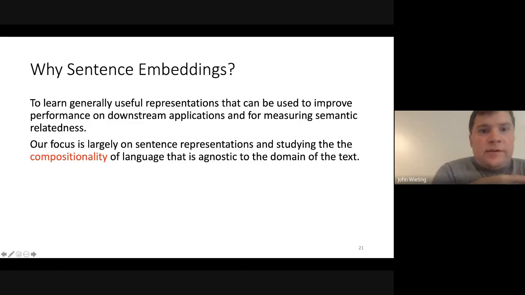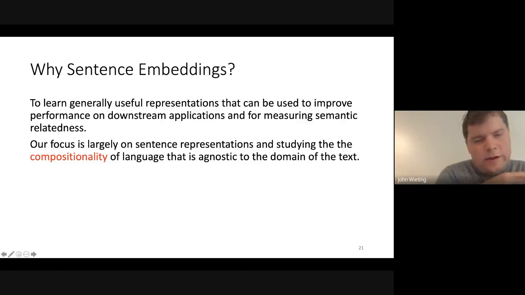So why do we want to learn these? Initially, our focus wasn't on any application. It wasn't about creating good paraphrasing functions. It was really focused on studying the compositionality of language. At the time, we were thinking about how you can compose a sequence of words into a representation, and how you even know you did it correctly.